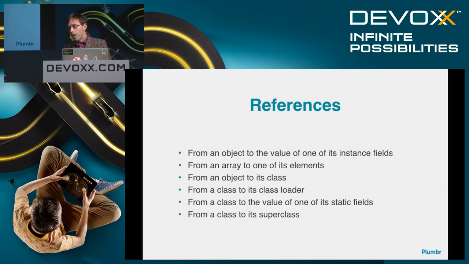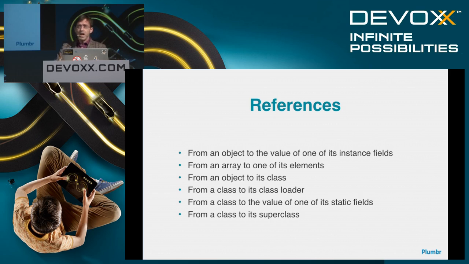Next, we have the notion of a reference. So in the Java world or in the JVM, you don't have pointers, at least in the heap. You don't have direct pointers to some memory or to some address in memory unless you're playing with Unsafe. You have references. In the JVM, you have different types of references. Some of them are on this slide.